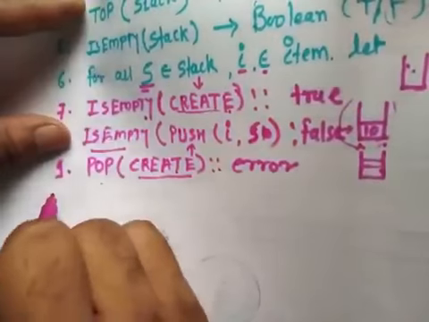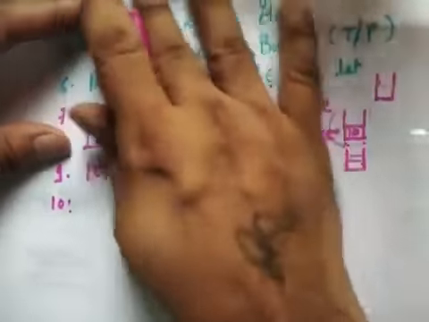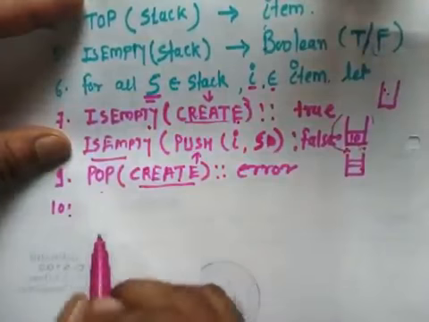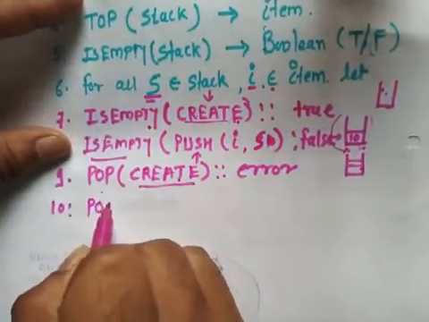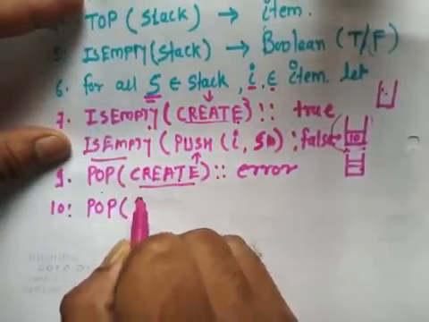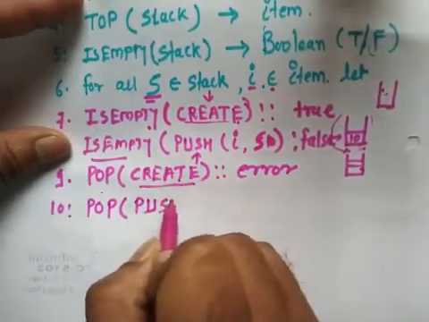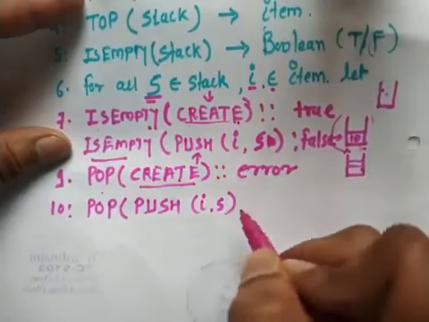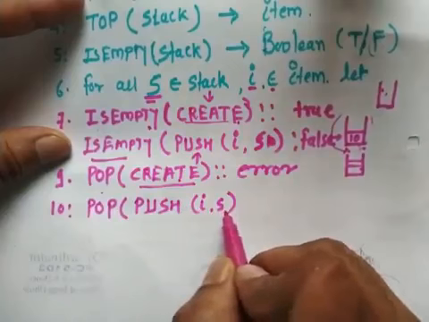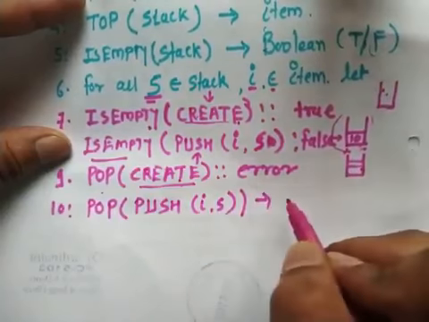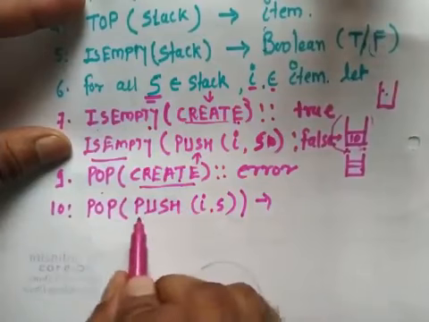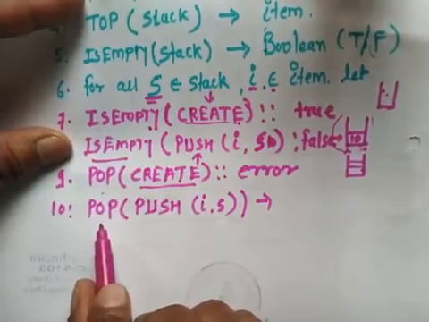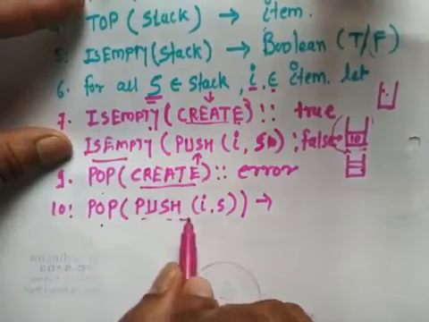Next rule, that is rule number 10. We are going to call the pop function, and to it we pass the push operation, which takes an item I and a stack as input. So we call the pop function and pass the push operation.